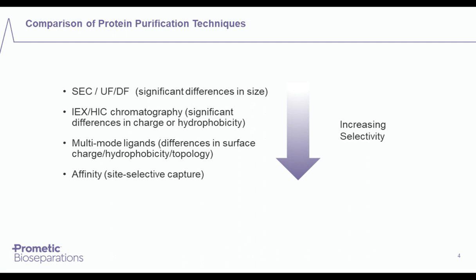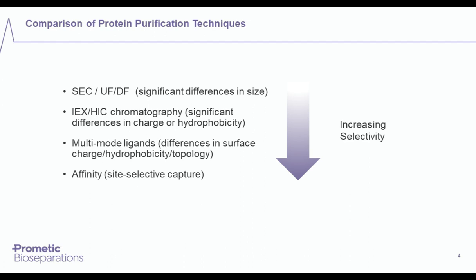These methods remain very useful techniques in biomolecule separations, but can be limiting when the product and the impurities have a similar charge and/or hydrophobicity. More recently, ligands combining both ionic and hydrophobic groups have been developed, the so-called mixed mode or multi-mode ligands, which provide an increase in selectivity and tolerance for process buffer composition in comparison to ion exchange or HIC alone.